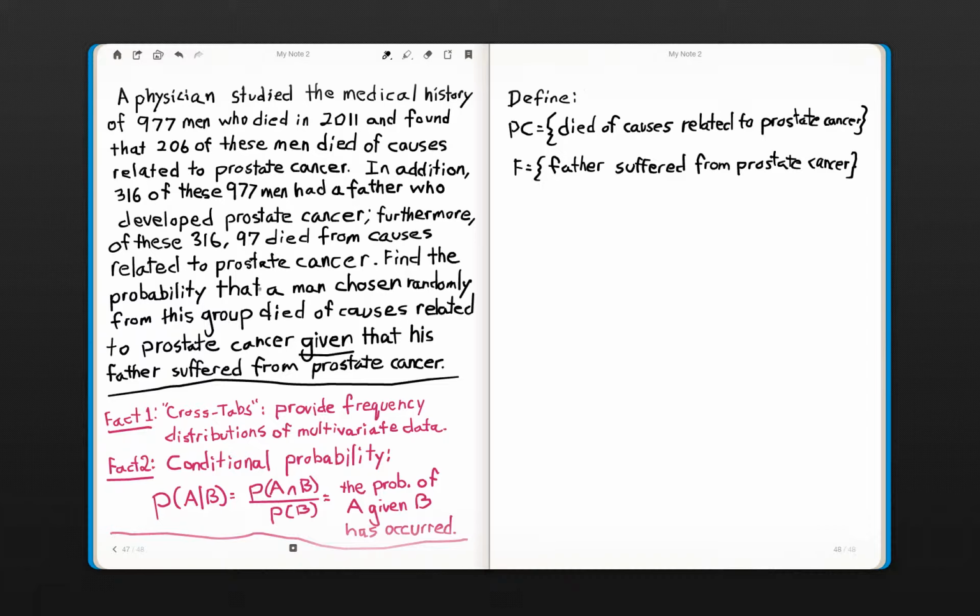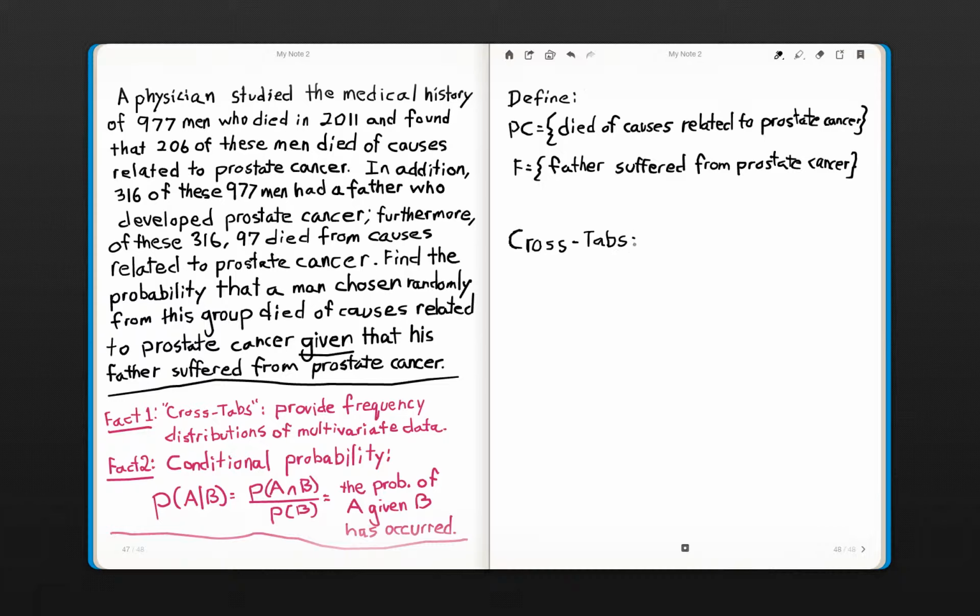You need to decipher this first and translate what seems a little confusing into something that's very easily interpreted, and that's where we will use crosstabs, or cross-tabulation. Let me write that down here, and that's what we'll do to get a handle on this problem.